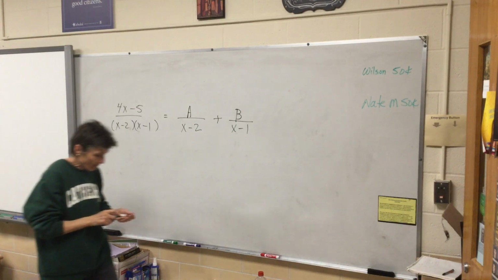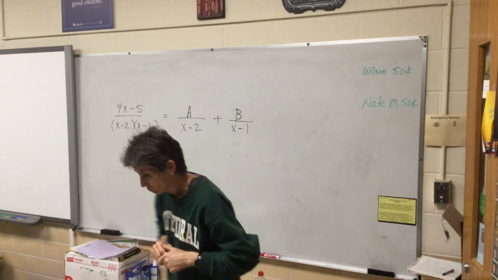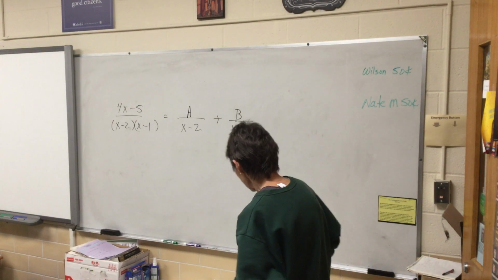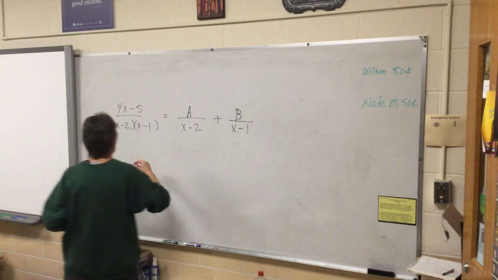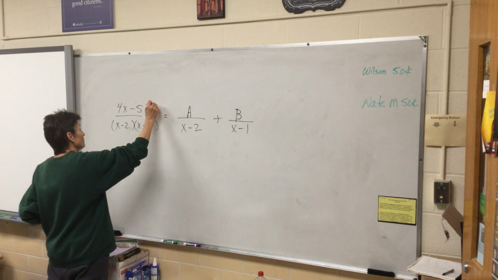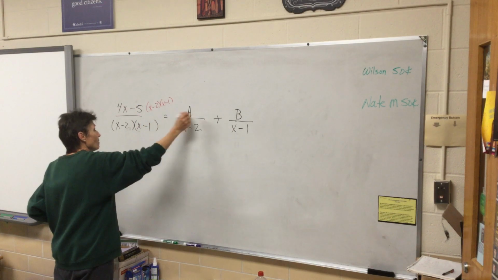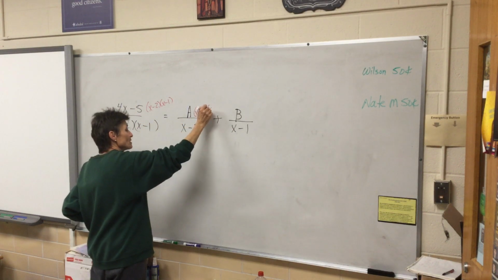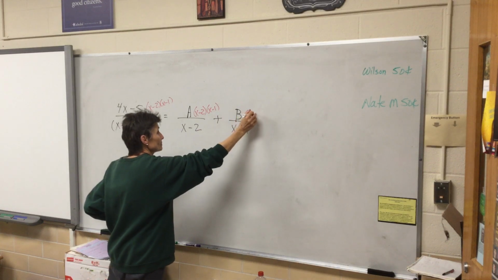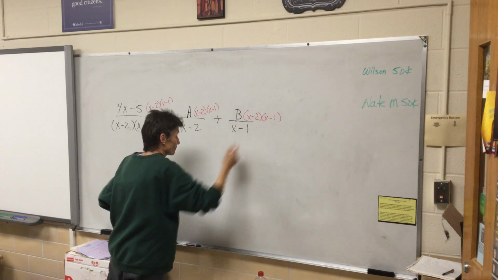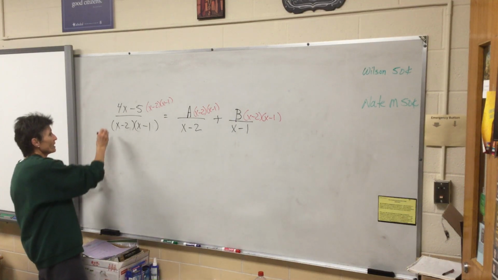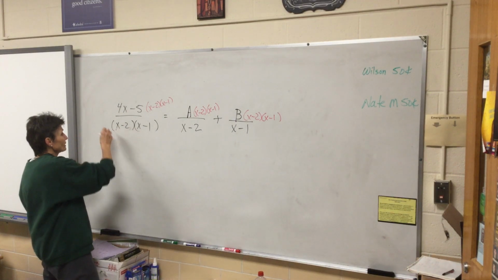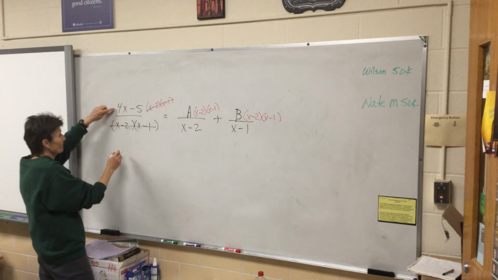All right, who remembers the next step? You gotta cancel the bottom denominator. Right, so we're going to multiply everything by x minus 2, x minus 1. Because that will do exactly what Jacob said. That will cancel all of the denominators.